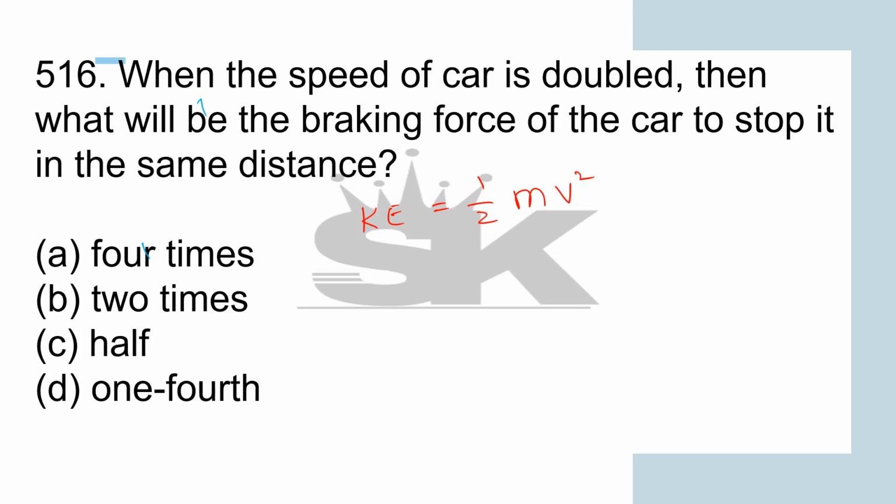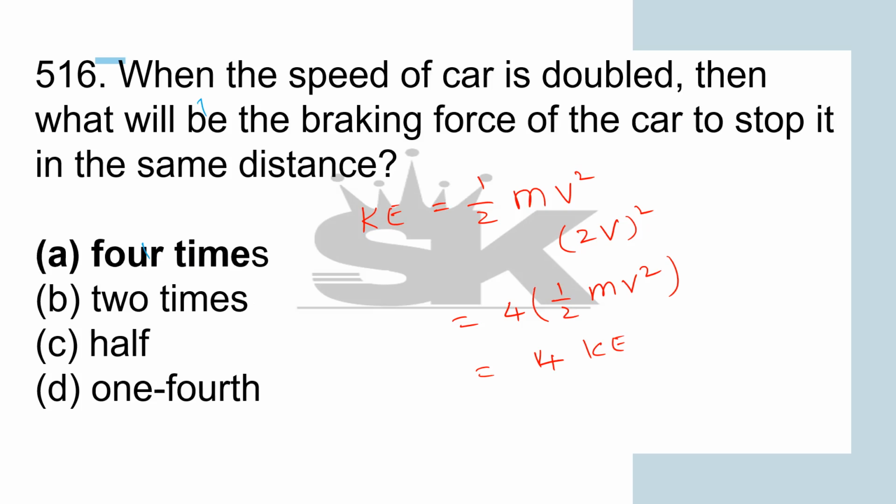So if velocity is doubled, that is here 2v square, right? So totally 4 times the mv square, right? So that is 4 times the kinetic energy, right? So the braking force will have to be 4 times greater to stop the car in the same distance. Okay.